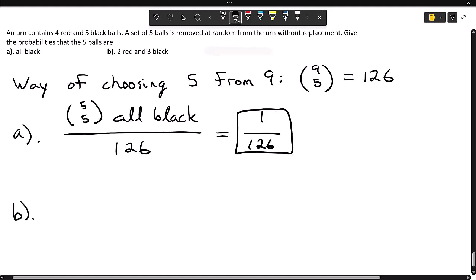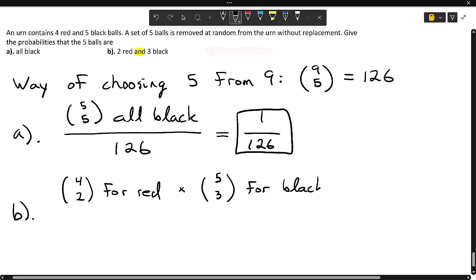The next one says 2 red and 3 black. Keyword here being and. So what we do here is there are 4 choose 2 for red, and we multiply that times 5 choose 3 for black.